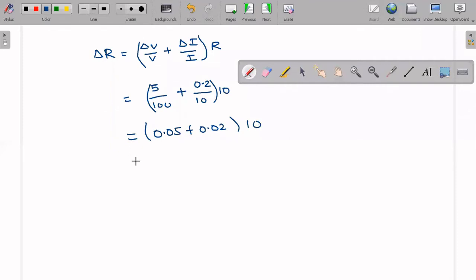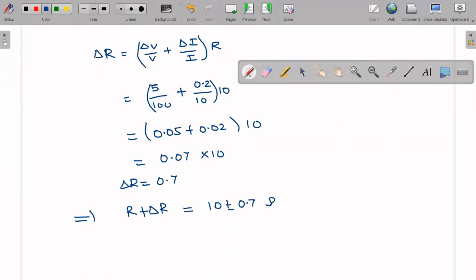Now 0.05 plus 0.02 is 0.07, into 10. So 0.7 is our error, delta R. We got delta R and we got R, so our total result, R plus or minus delta R, is 10 plus or minus 0.7 ohms. This is our final answer. Just copy this. If you have any doubts, you can ask.